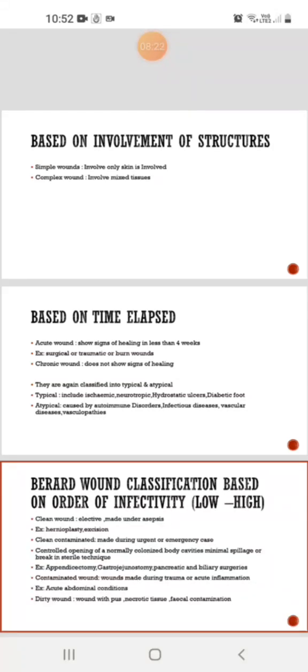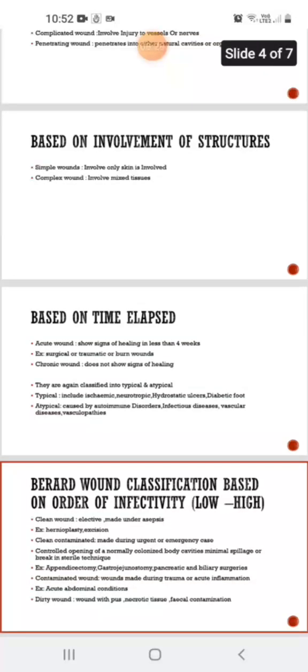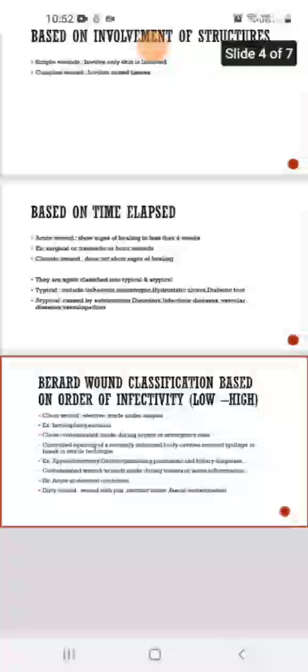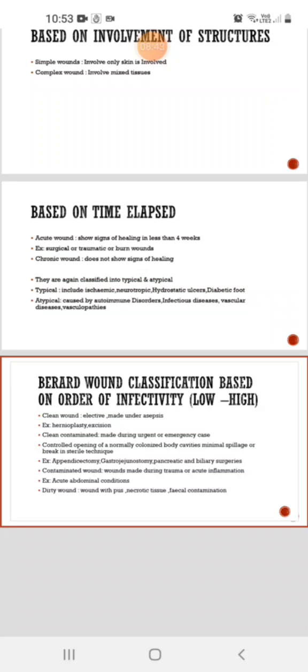And the last one is Berard classification of surgical wounds. So these are due to surgeries. These wounds are formed, and they are 4 types: clean wound, clean contaminated wound, contaminated wound, and dirty wound. Clean wounds are elective wounds made under aseptic conditions.